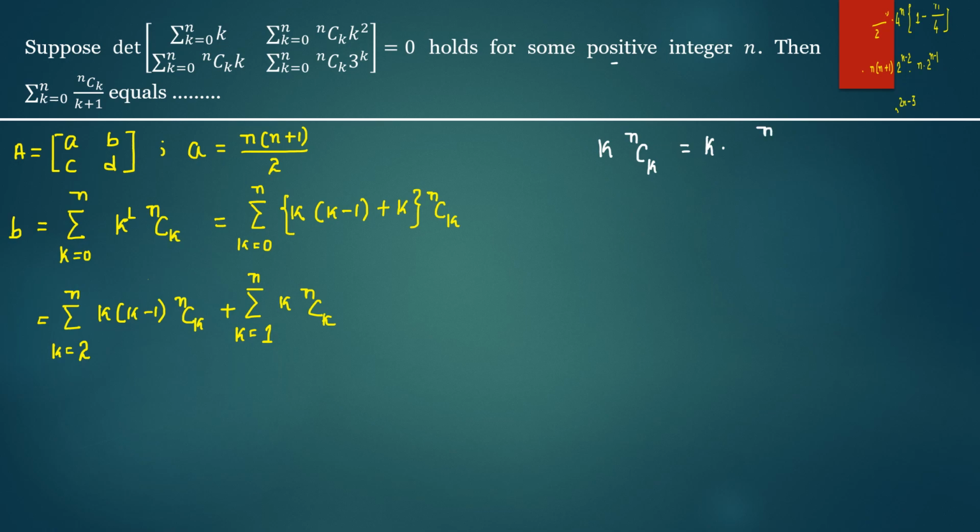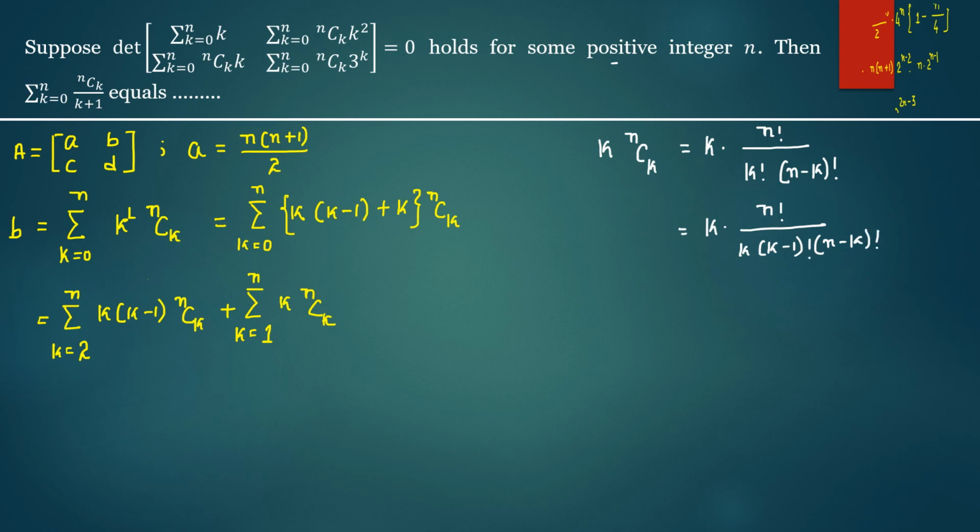Therefore it is factorial n divided by factorial r, that means factorial k, and n minus r, that is n minus k factorial. Now if I rewrite it, it's k multiplied by factorial n, I keep it as it is, and k factorial will be k times k minus 1 factorial, multiplied by n minus k factorial. So k and k get cancelled.